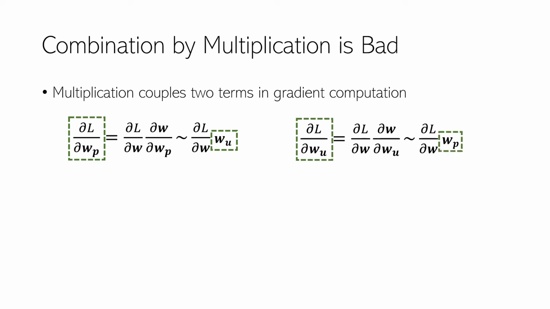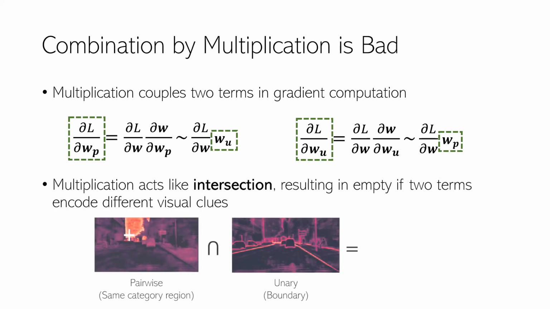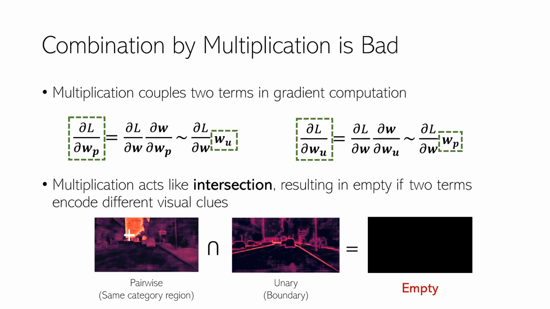This is bad for optimization because if the value of one term is small, the gradient of the other term will vanish. Second, multiplication acts like intersection. The intersection of two different visual clues will be empty and thus it's useless.